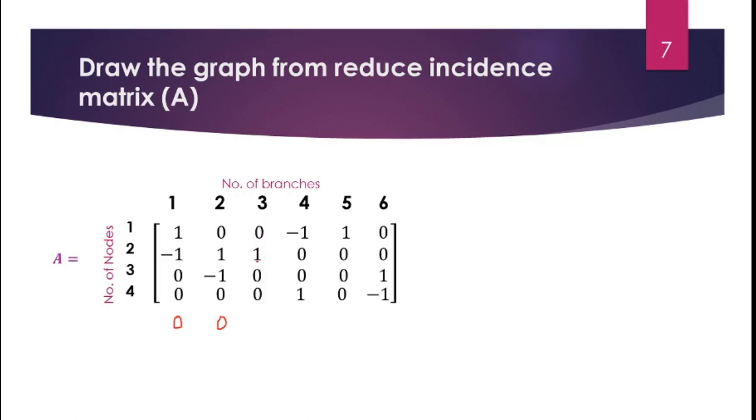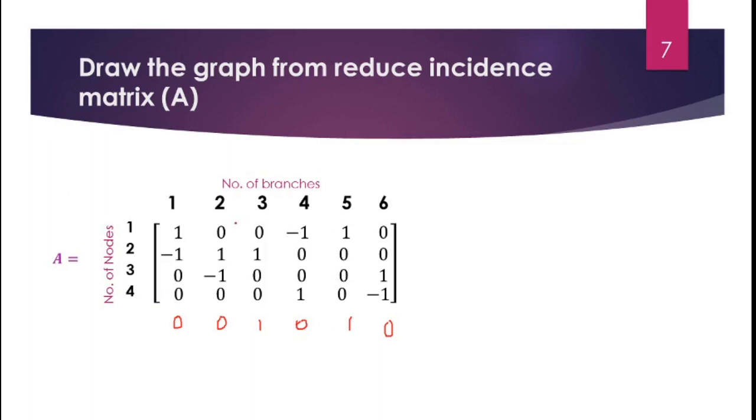For the third column, what is the algebraic sum of all the column entries? 1. It's not 0, it is non-zero. For the fourth column, it is 0. For the fifth column, it is 1, and for the sixth column, it is 0. That means here we miss one of the rows, and hence it is a reduced incidence matrix.